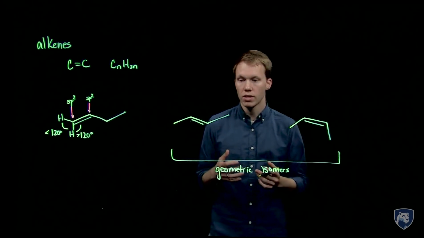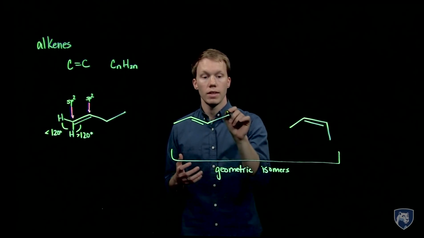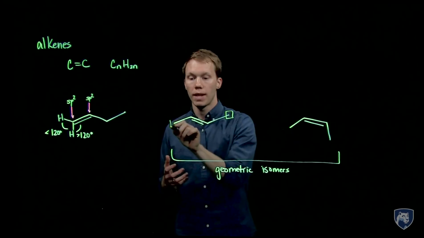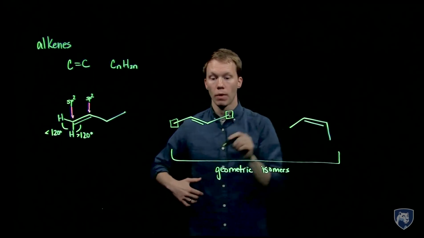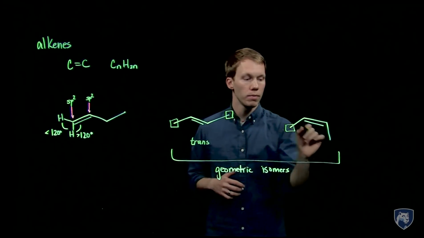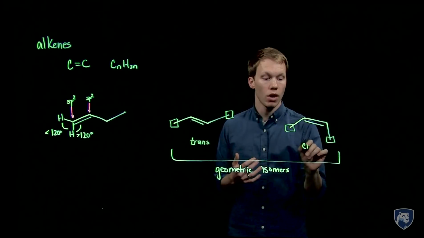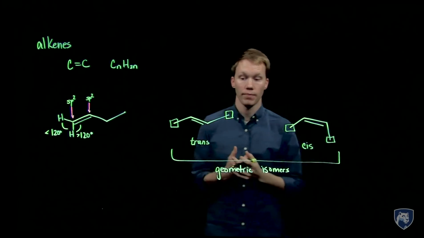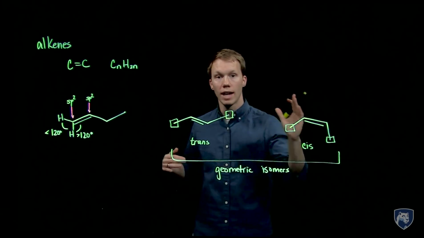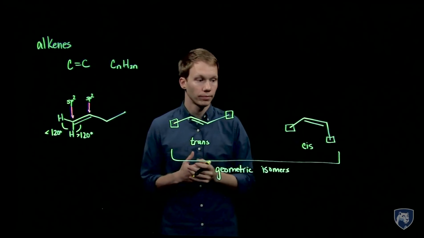So geometric isomers differ in the arrangement of the atoms in space. So this group and this group are opposite one another. We call that trans. And these 2 groups are on the same side, so we call that cis. Cis, same. Okay? Trans, think like transcontinental, transatlantic, on opposite sides.